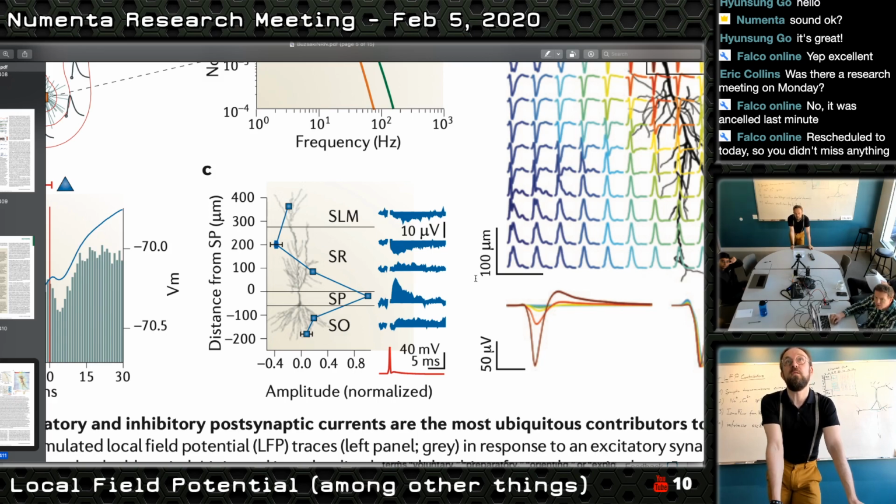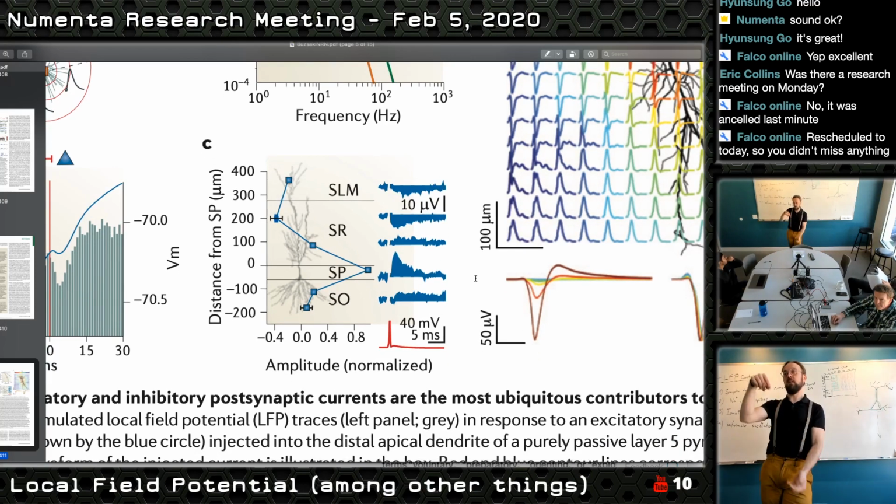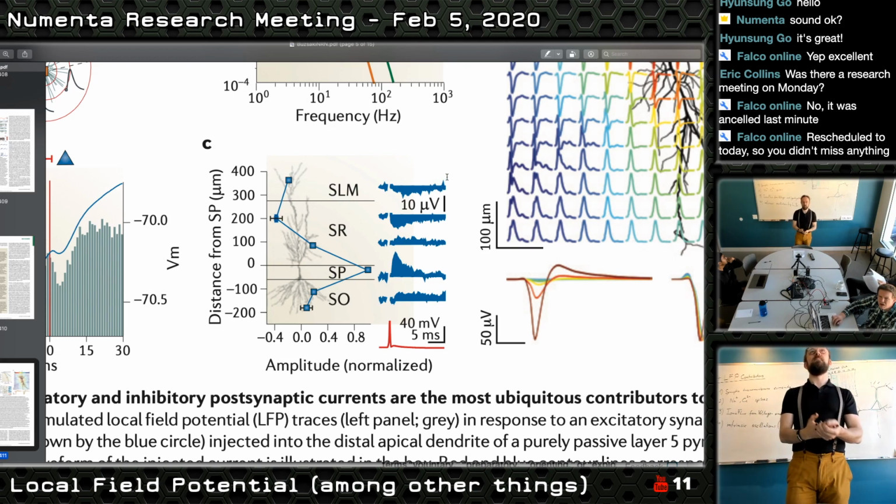When you record the field potential across the depth of this neuron, you can imagine a long needle with lots of electrodes along its depth passing by the neuron, and you record different local field potentials depending on the depth. What you see is that the extracellular medium goes positive in its amplitude close to where the inhibition actually occurs, because of the basket cell innervating that pyramidal cell near its soma.